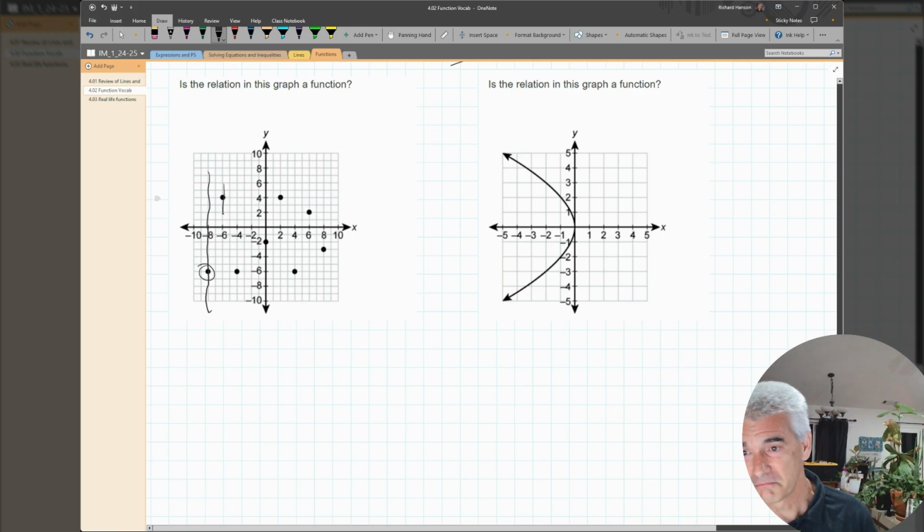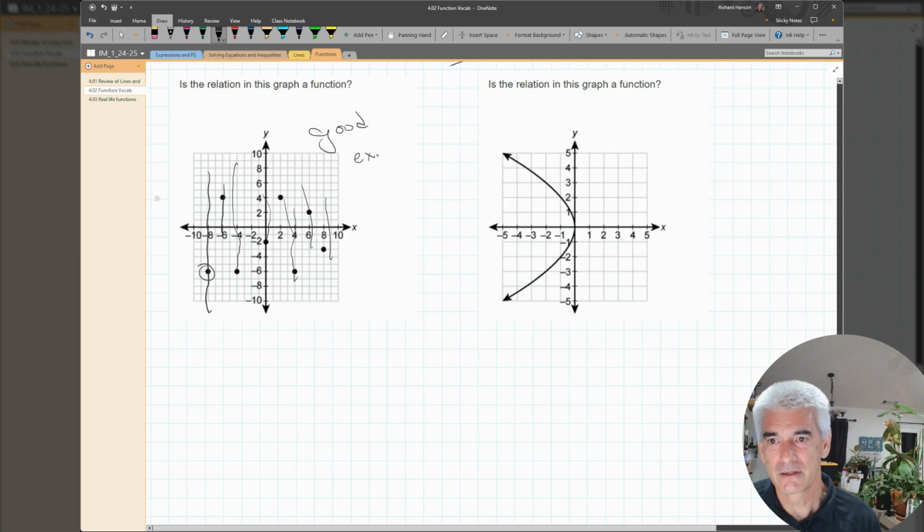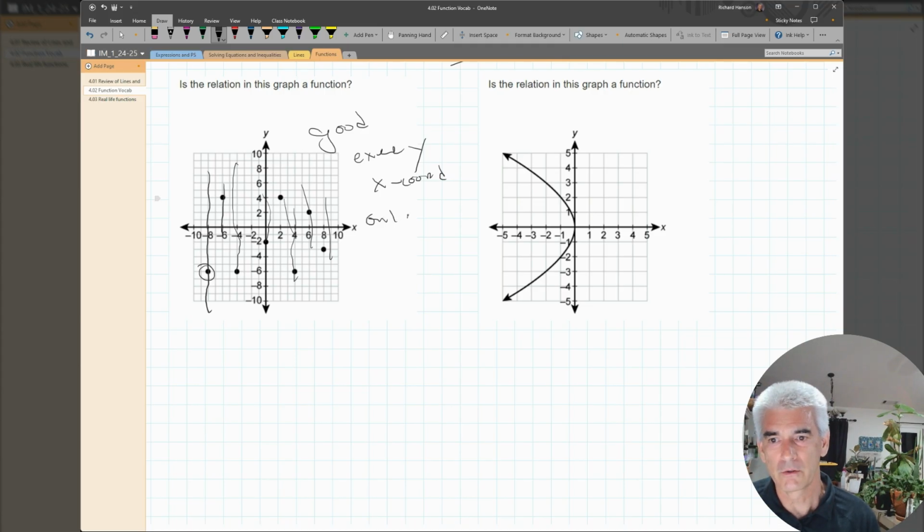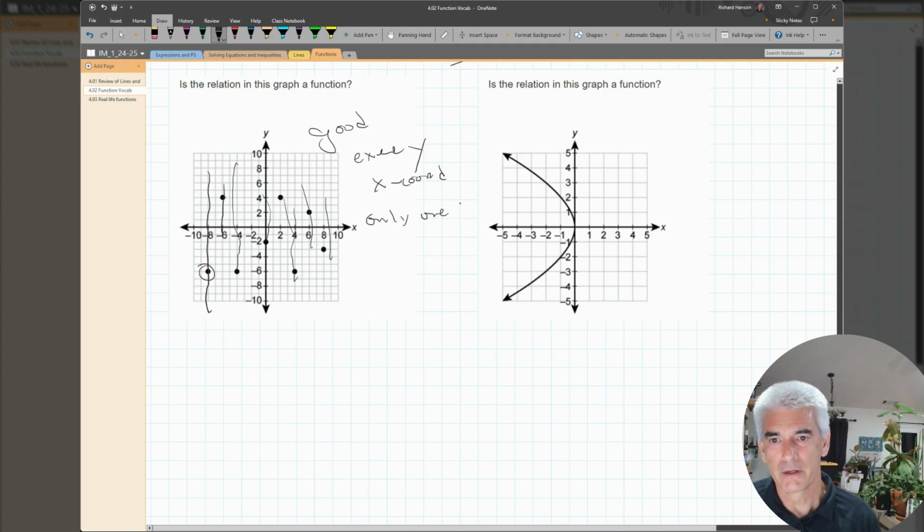This one here, no, that's okay. This one, there's no other point. No other point, no other point, no other point, no other point, no. So this is good. Every x coordinate, only one y.